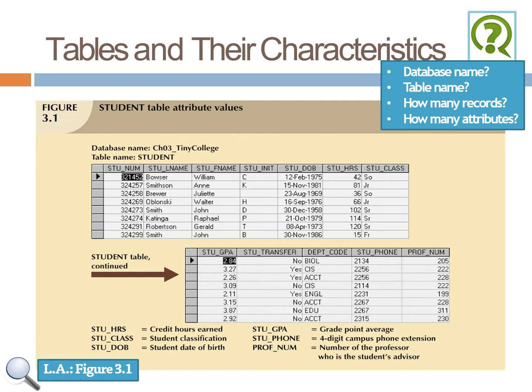So for this case, we have the student table. How many records? So you see there are 8 records, okay, of students. And then how many attributes? We have 1, 2, 3, 4, 5, 6, 7, 8, 9, 10, 11, 12, 12 attributes. And the records are the rows and the attributes are the columns.